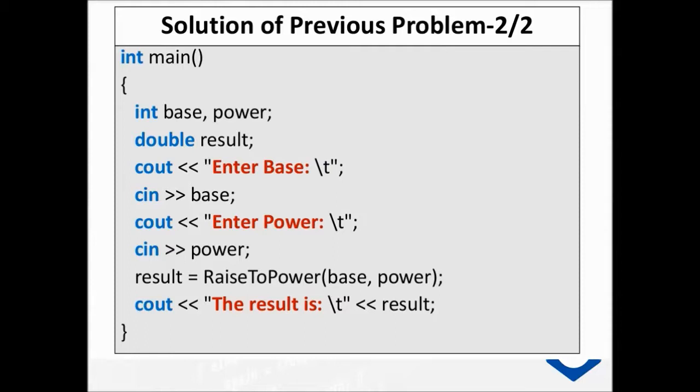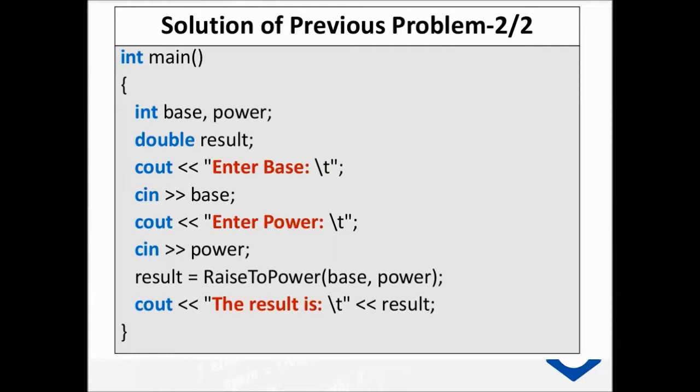Then we ask the user to enter the power of the base. Then we call our raised to power function to calculate the power of that base number, and then we display the result of our function.